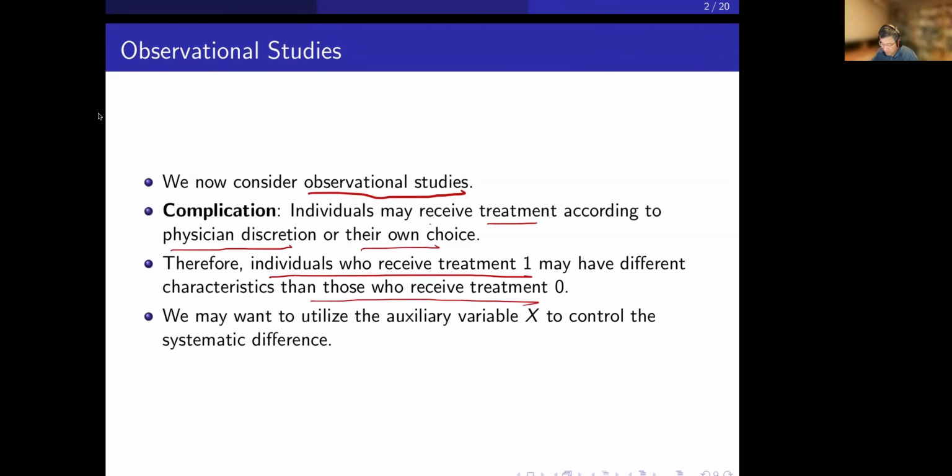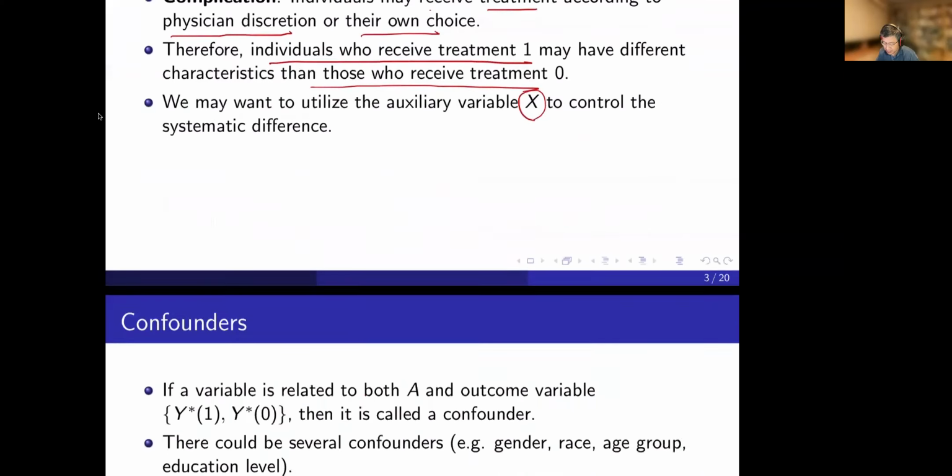It's based on the physician's discretion or their own choice. So we want to utilize an auxiliary variable X to control the systematic differences.